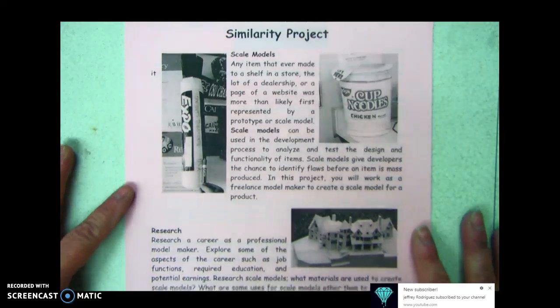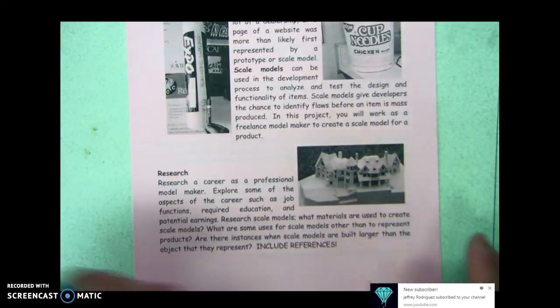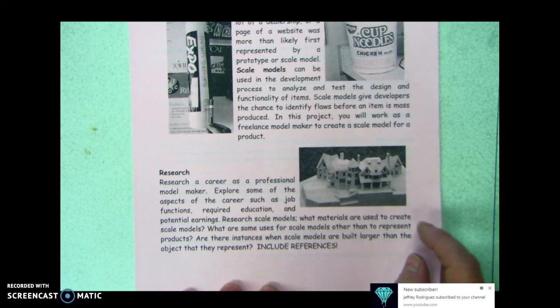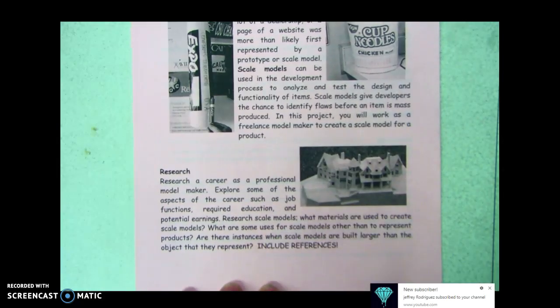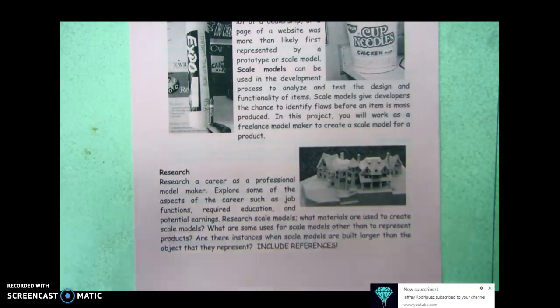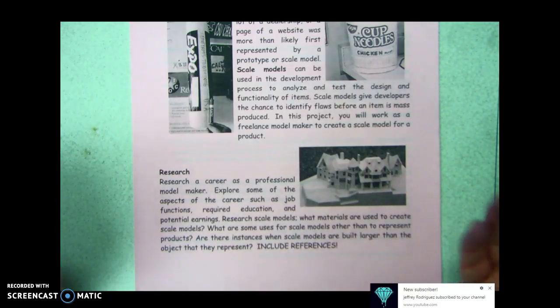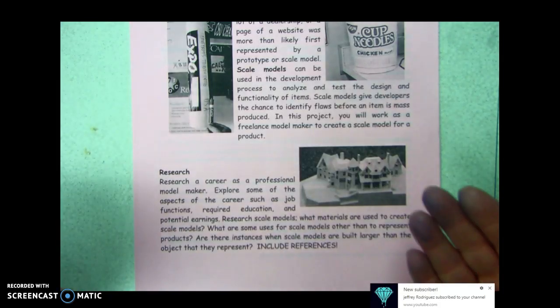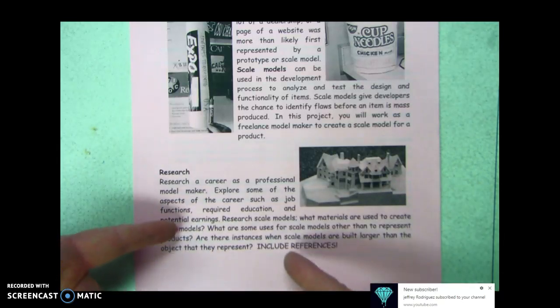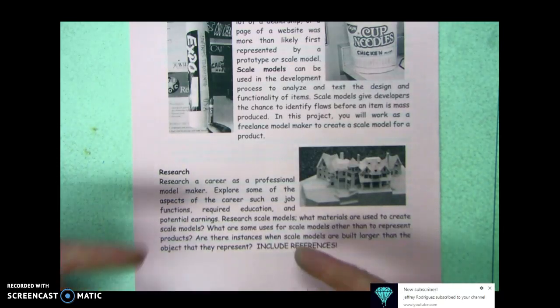So the first thing you're going to be doing, you see down here, it says research. You're going to research a career as a professional model maker. You do have to be careful on that, because there are the runway models that model clothing, men and women. This is not the kind of model we're talking about, so you do have to be specific when you do your Google search on your Chromebook.